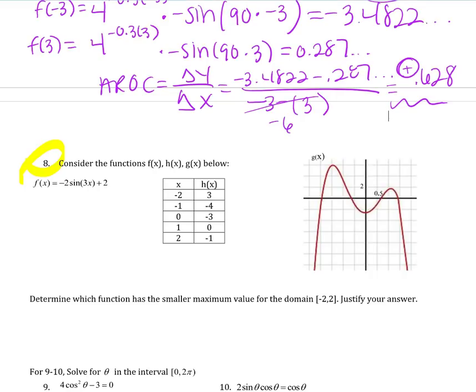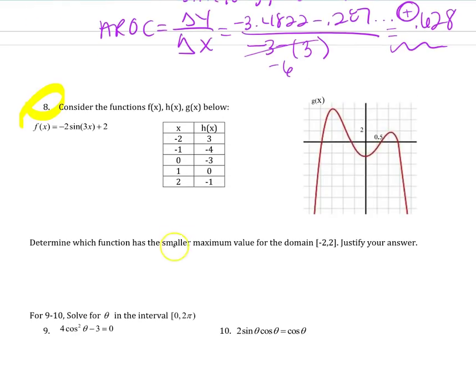I have 3 functions. I want to determine which has a smaller maximum value in the domain of -2 to 2. All right, maximum value is the y value that corresponds to the highest point that you see your function reaching. So g of x is really easy to see. It looks like my y's go by 2, so 2, 4, 6. So the max value is 6. In my table, I'm looking for the highest y value, which appears to be 3.